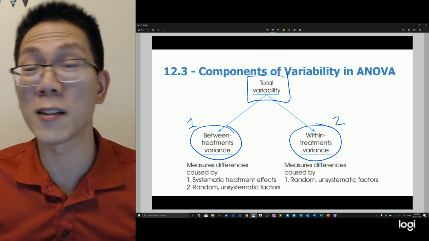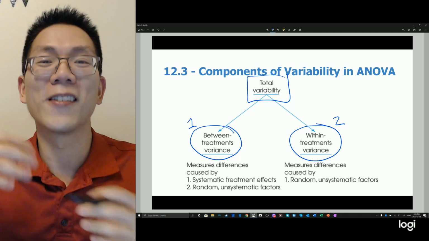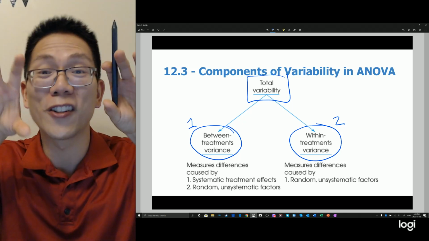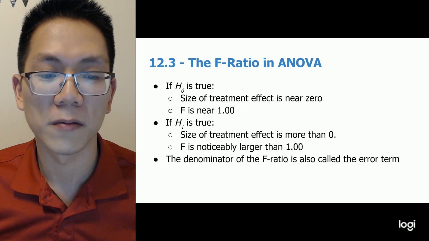We haven't figured out what specific differences are, but at least we can say they're far enough apart to say that, well, yeah, they're not all bunched together. They're not all the same. Okay.